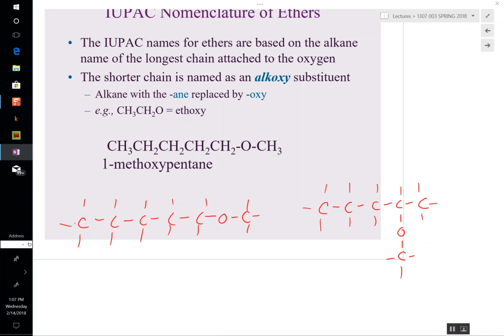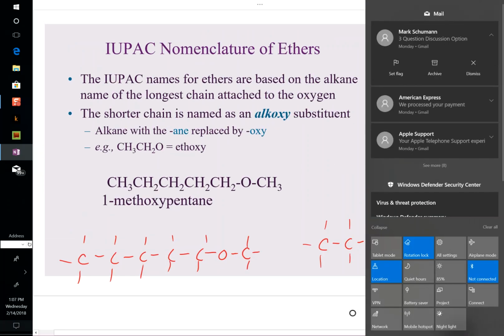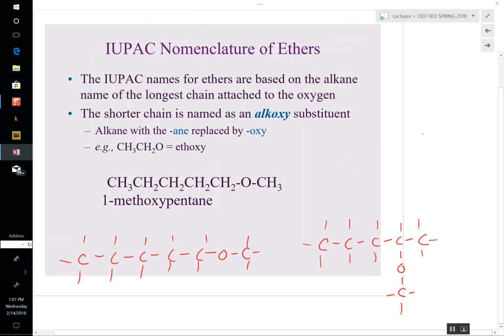And so here's what IUPAC does. It says that, okay, this thing over here is a substituent, and it's going to be called a methoxy.